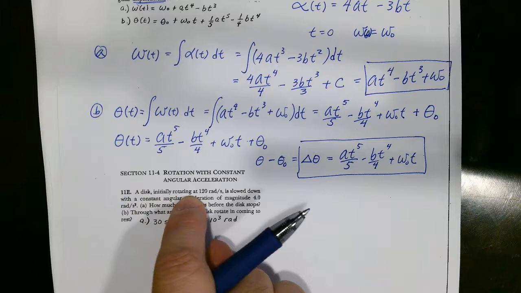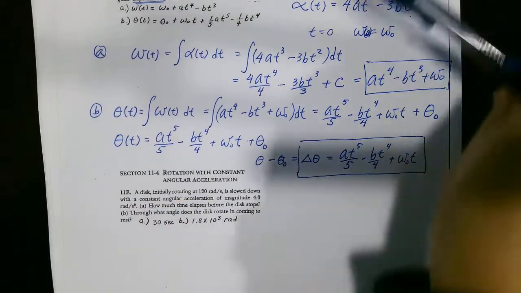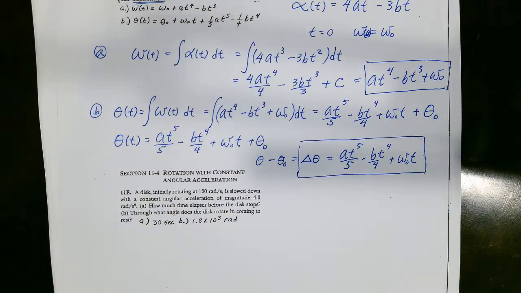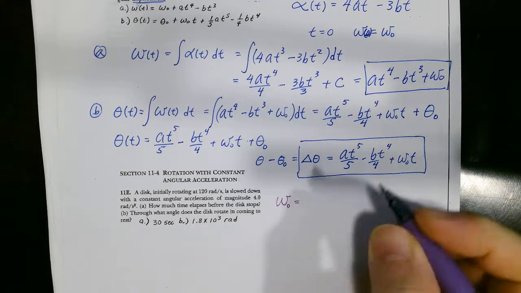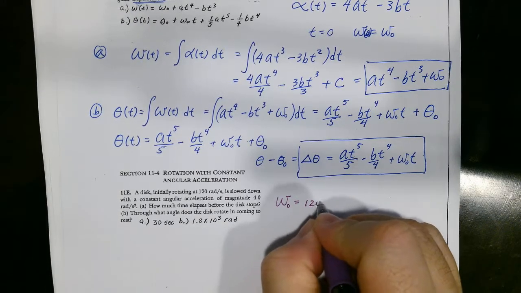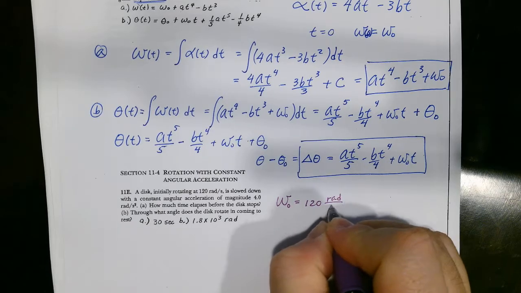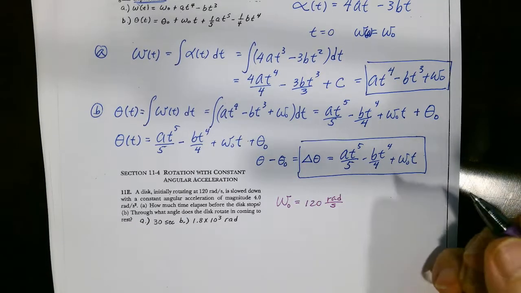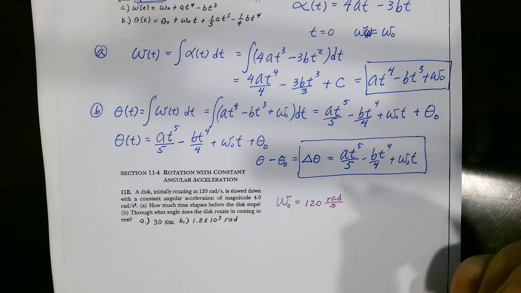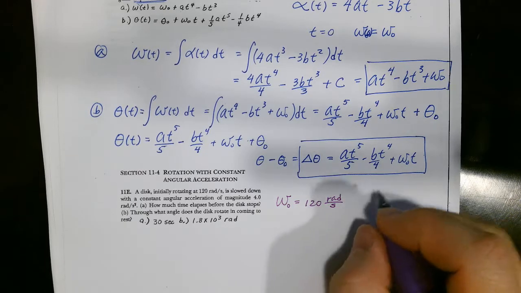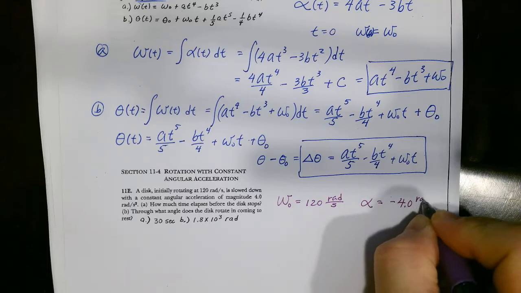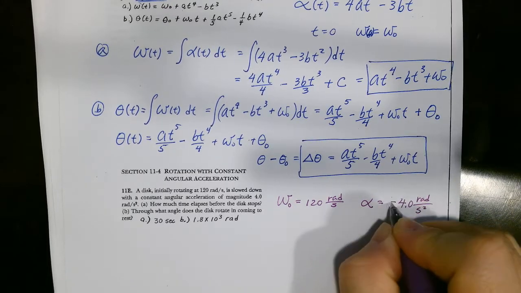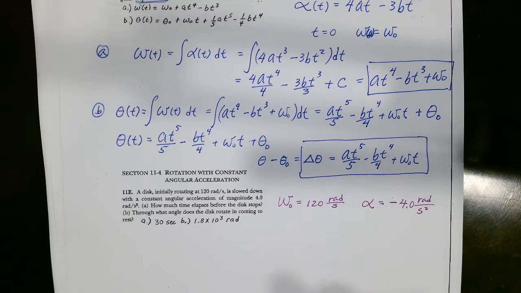So it's initially rotating, so omega naught is equal to 120 radians per second. And it slows down with constant angular acceleration of magnitude, so alpha is equal to negative 4.0 radians per second squared because it's slowing down, right?